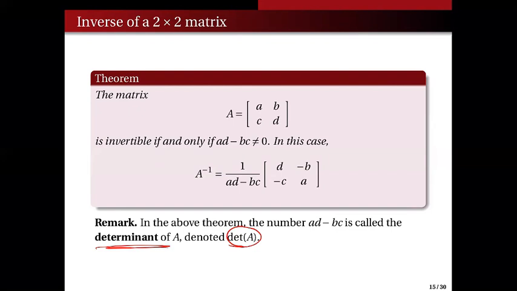So let me just write that. A 2 by 2 matrix. One, if det A is not equal to 0, then A is invertible.